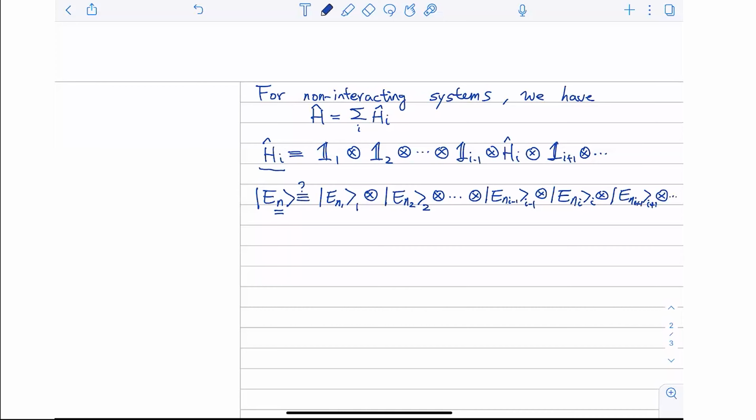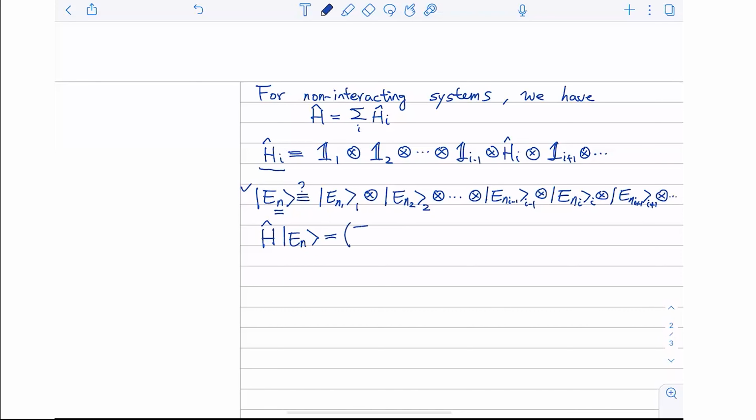Our question is, if this is the state, what kind of energy will it give us? We can just apply the total Hamiltonian on this total wave function with energy E_n.